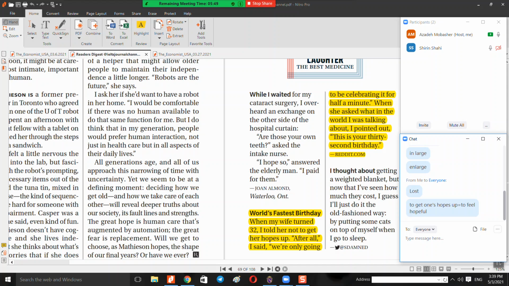And what is the grammatical point of this? Why do we see past continuous? What in the world I was talking about? What is this? Can you explain it? When she asked what in the world I was talking about, I don't know.